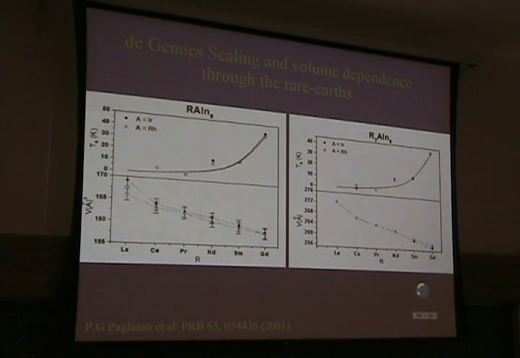So if your property only depends on the spin part of the moment, it should scale as that component varies along the rare earths. So that's the de Gennes factor. So if you try to scale your T_N using the de Gennes factor, you see that you normalize for gadolinium. Samarium is along the line, but neodymium is not. You have a T_N above the line. And praseodymium, of course, doesn't order, so it has a point below the line.